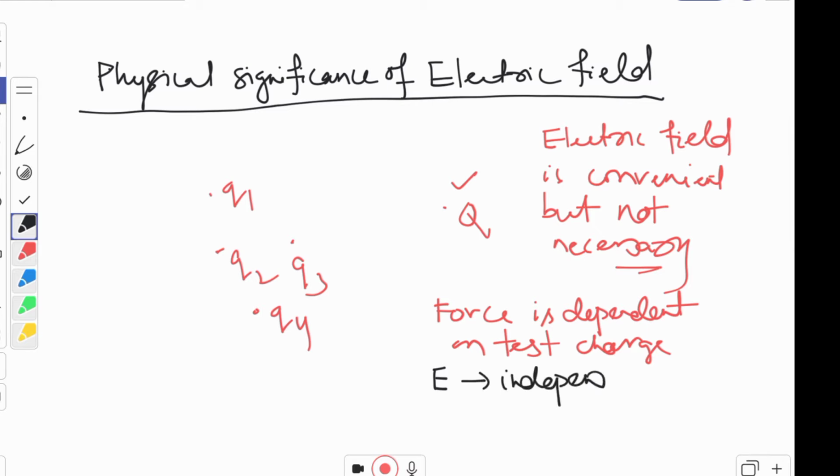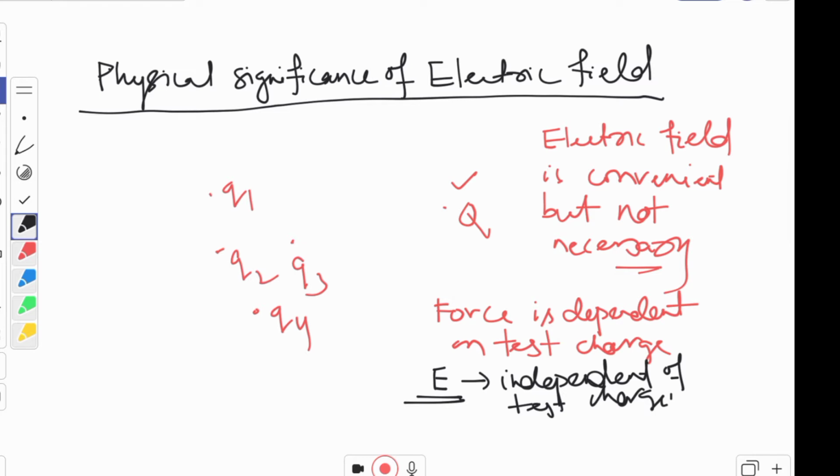Major difference: independent of test charge. So this electric field E is the characteristic of the system of charges. That means it is unique for a given system of charges.